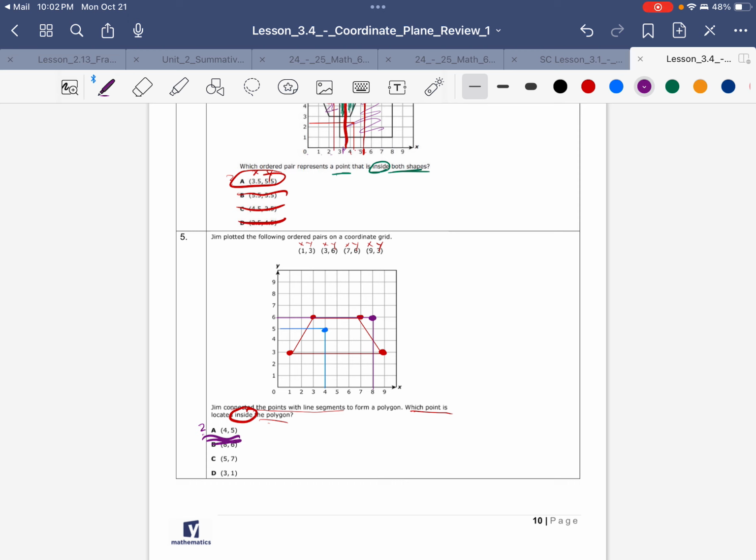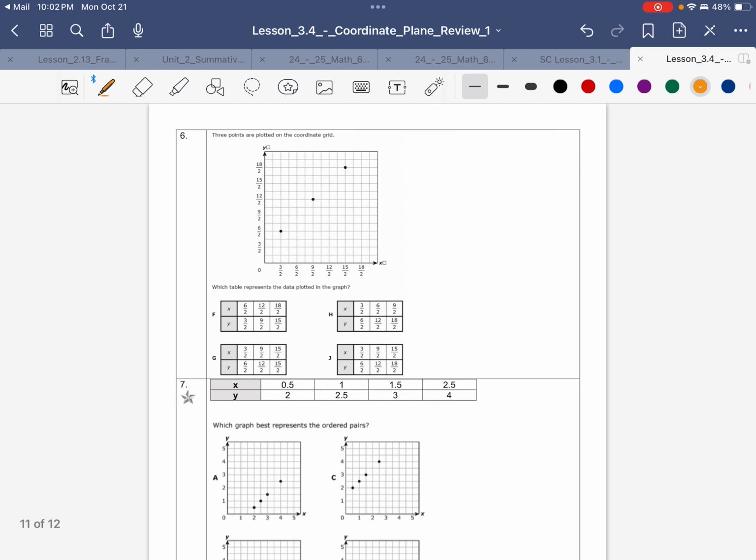Whoops. 5, 7. 5. Look, we're already out here. 7. 5, 7's there. That's out. And then D is 3, 1. 3 and 1. It's out. So our answer had to be A. All right, last couple problems.